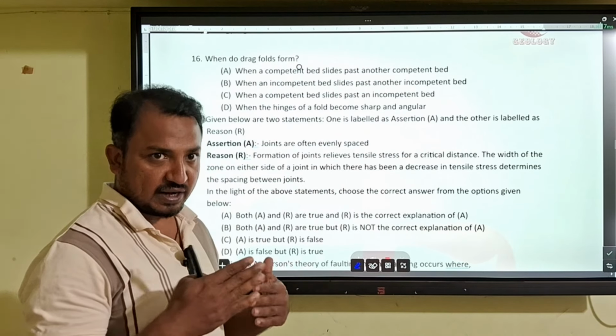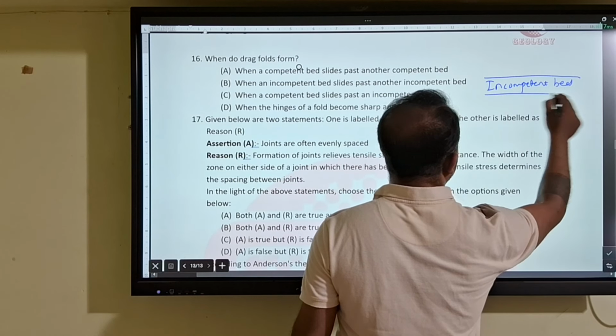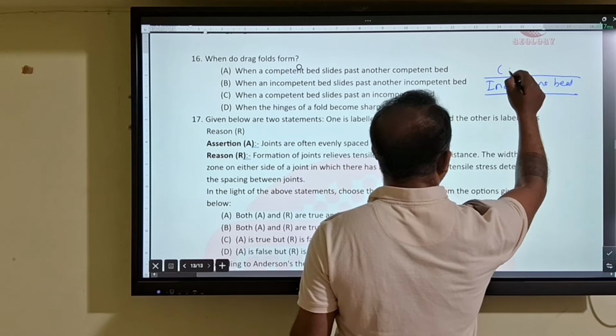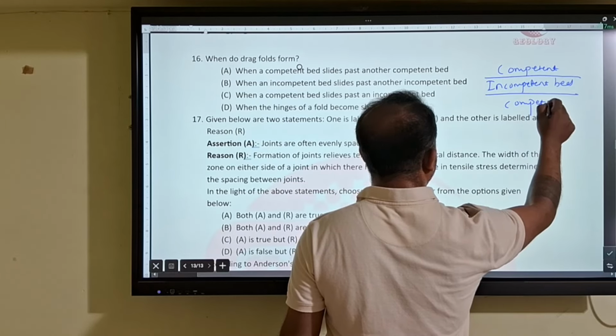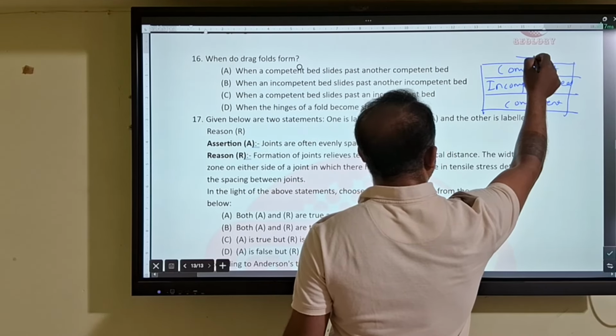So when an incompetent bed is sandwiched between two competent beds, in this type of scenario where there will be shearing, the incompetent bed can produce a fold.